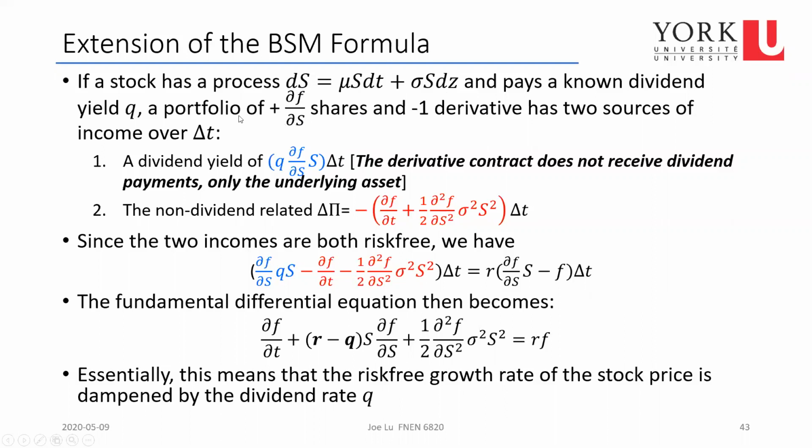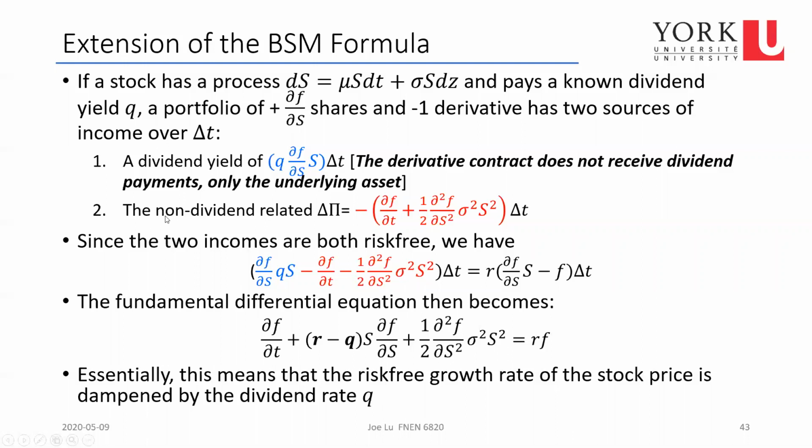Now, that portfolio, the same portfolio that we constructed earlier, instead of having one change, actually has two sources of changes. One is that the portfolio itself will receive dividend payment continuously. So you have delta unit of S, and for this, you're receiving dividend at the rate of Q. So Q times this is the amount of dividend that we receive per period of time.